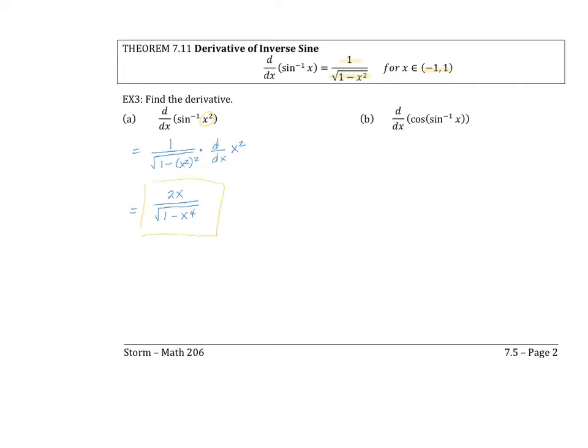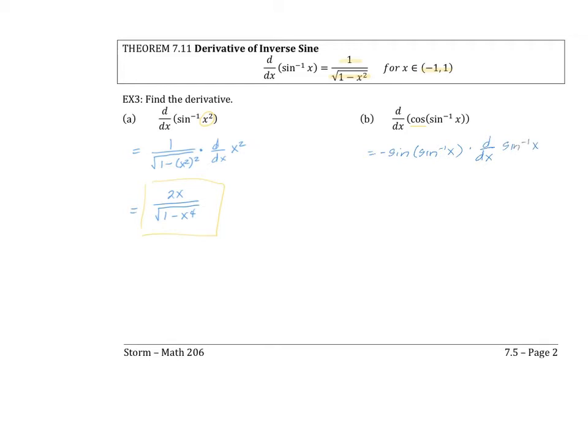So let's try another one. Again, this involves the chain rule because we have a composition of two functions of x. So when we take the derivative, chain rule, it's always outside and then inside. So when I take the derivative of cosine, that's just going to give me negative sine. Argument stays the same, times the derivative of our argument, which is sine inverse of x.